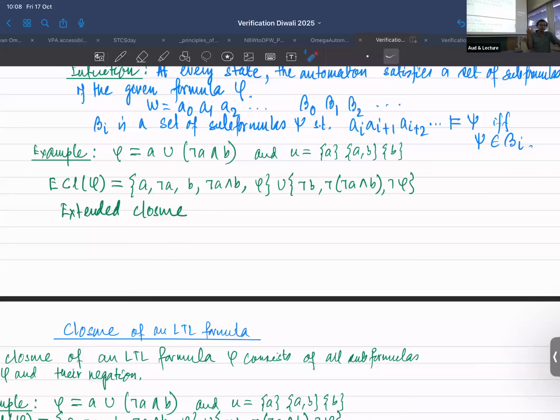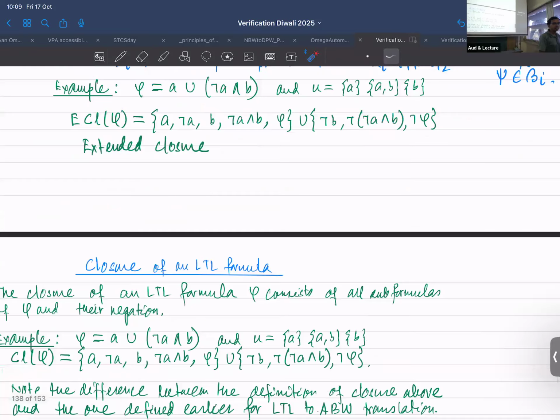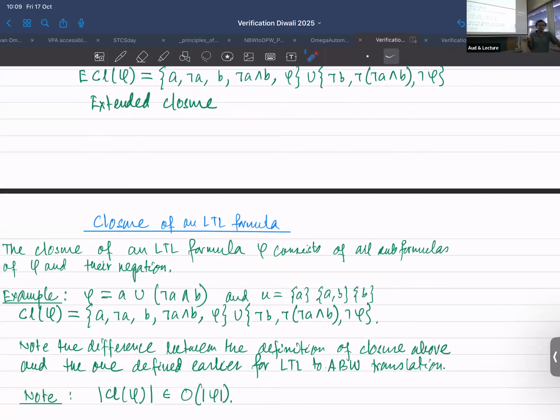Beta is a set, and all the elements are together in one state. It's not everything in the closure, but some subset. How is that subset going to be defined? That's what we will see now. There are certain properties for such subsets that should hold true in order to qualify as a state.